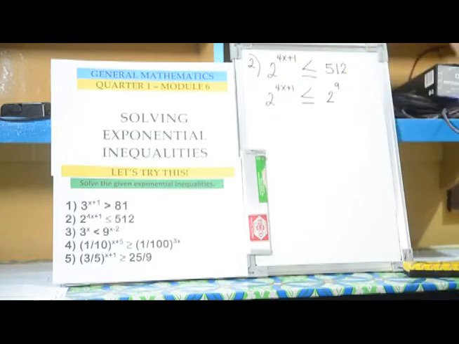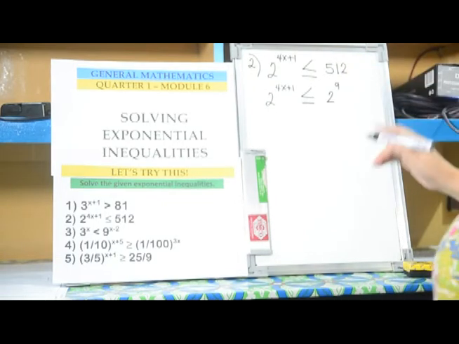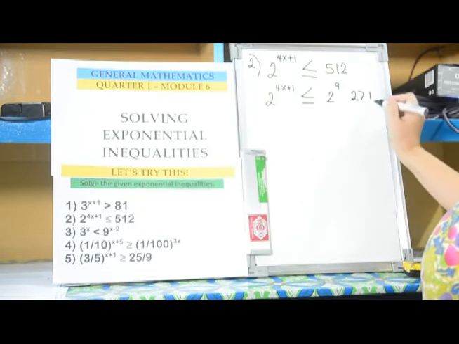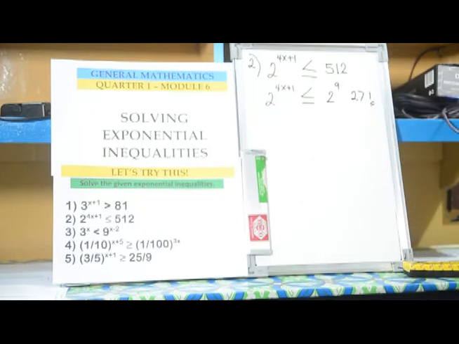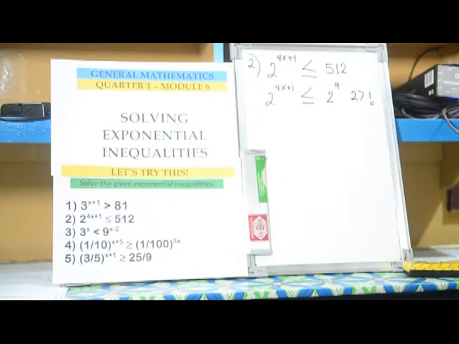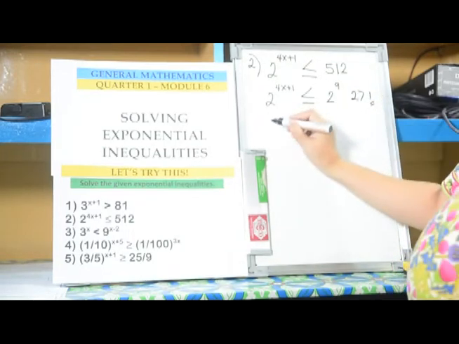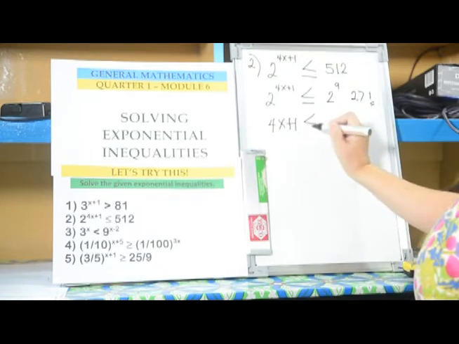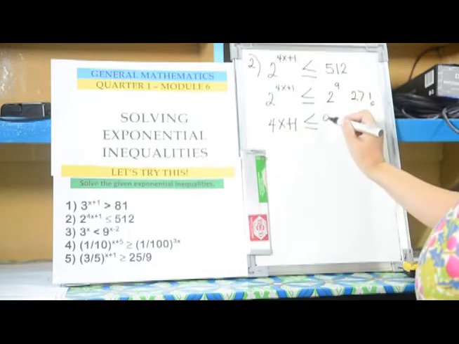Then let's determine using the property. Again, 2 is greater than 1, so the symbol for the inequality of the expression will not be changed or reversed. That means it will retain. Let's get the exponent and solve for the value of x. We have 4x plus 1 is less than or equal to 9.